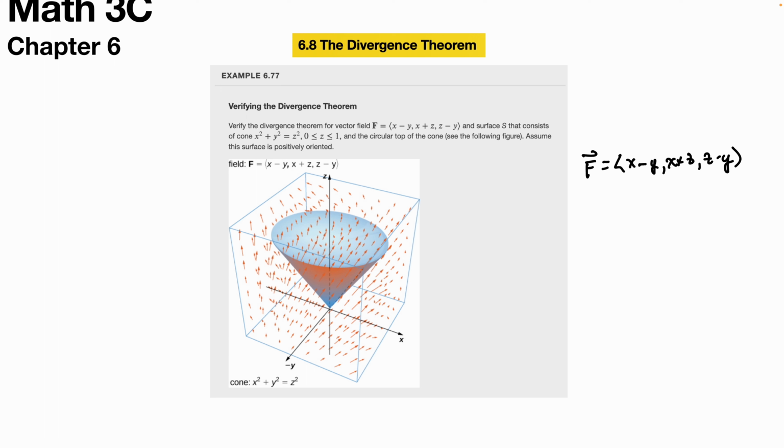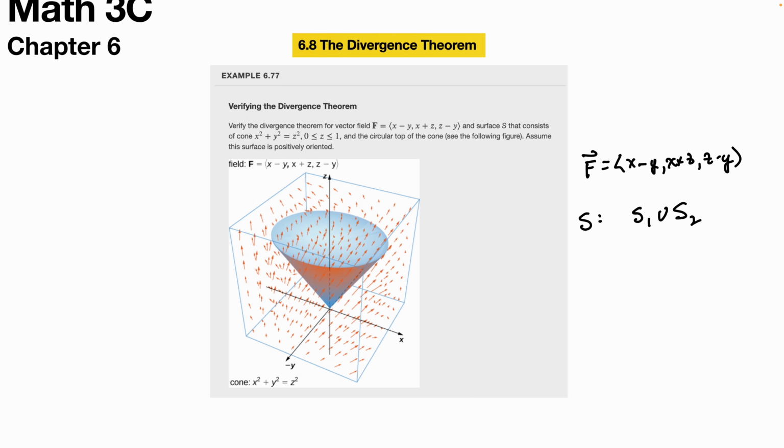And then the surface is the top portion here in blue, the circular top. And then S2, and then that's the cone. So S1, the top, and then S2, the cone.